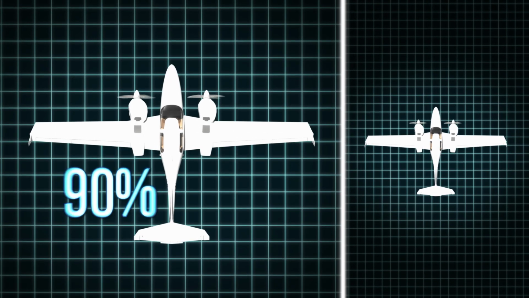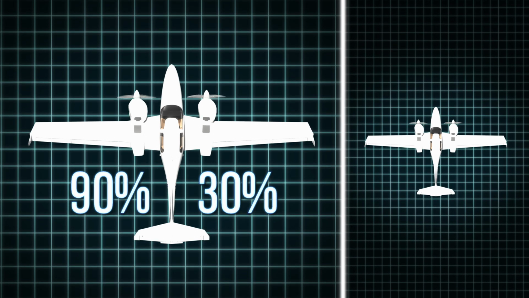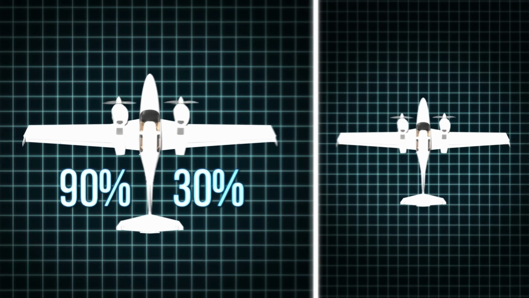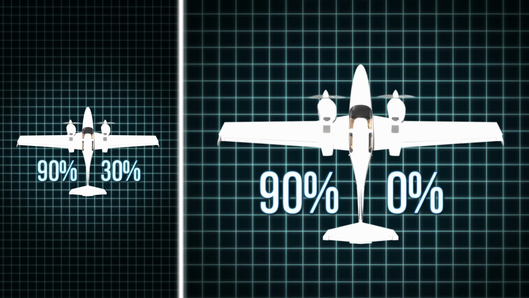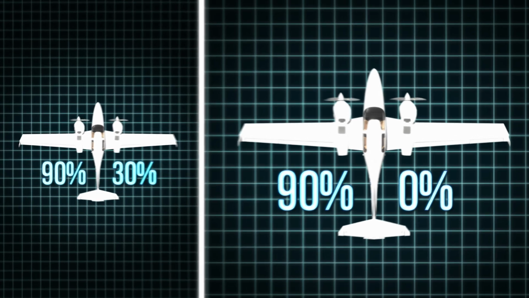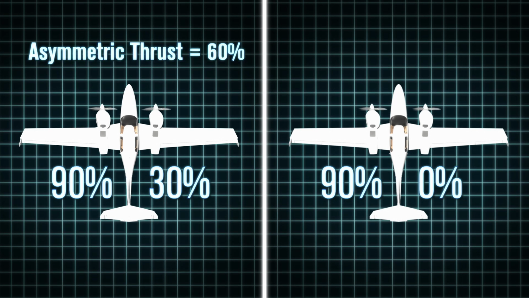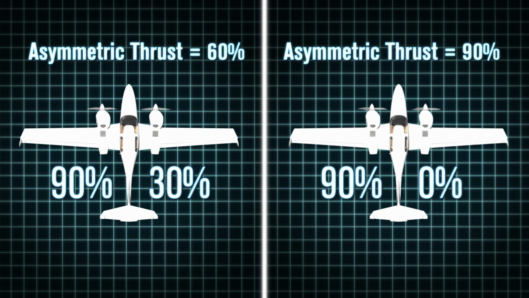An aircraft with 90% power on one engine and 30% power on the malfunctioning engine will yaw and roll less compared to an aircraft with 90% on one engine and 0% on the inoperative engine. The first aircraft has an asymmetric thrust of 60%, and the latter has an asymmetric thrust of 90%.